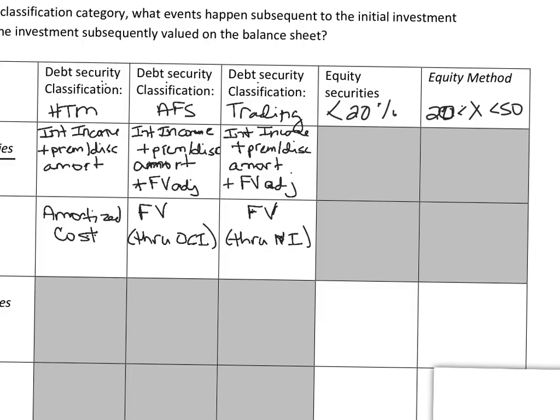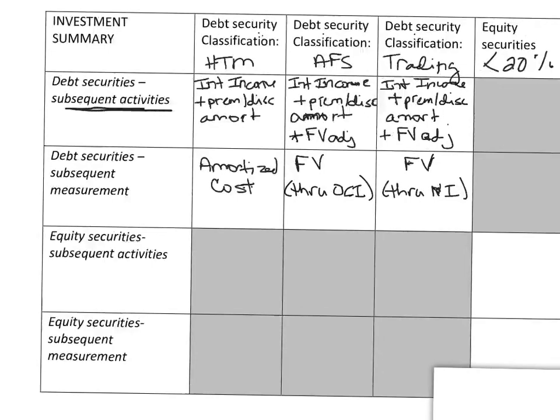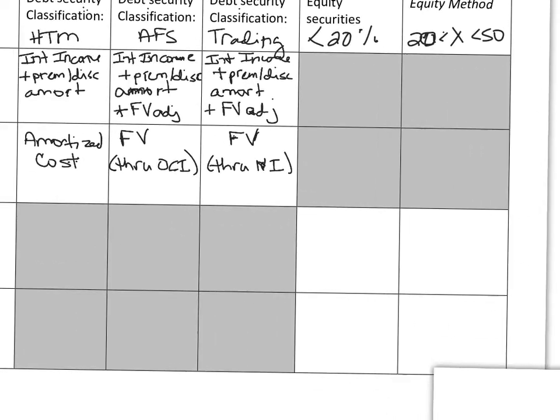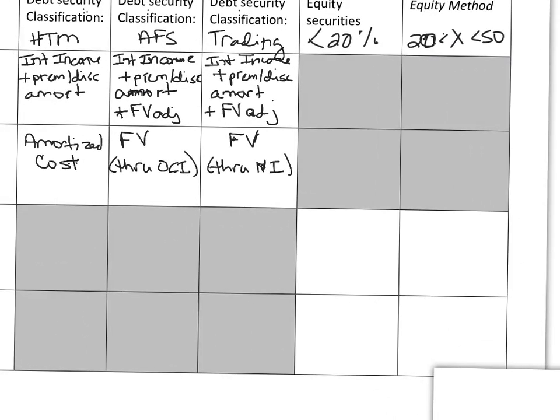All right. So here, if you look at your handout, it's the same thing. Subsequent activities. I just don't have enough room to put all that. So we talked about the fact that both of these equity investments, you're going to get dividends. And under the passive equity investment, those dividends are going to be recorded as dividend revenue.